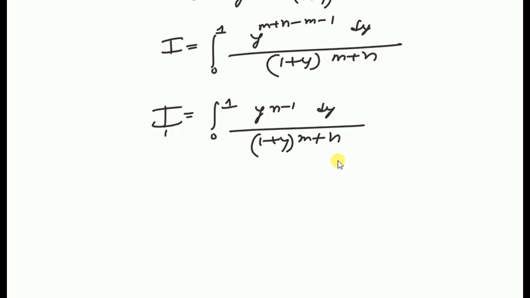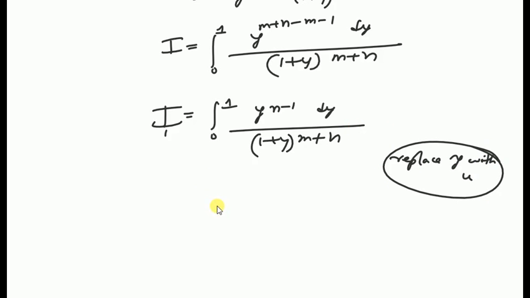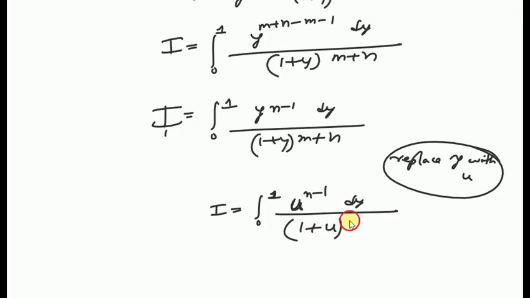So you can change any value here. y is a dummy variable, so I can replace y with u. It is the dummy index, so with the dummy index we can replace. If I replace that, it will be equal to 0 to 1 u power n minus 1 divided by (1 plus u) power m plus n.